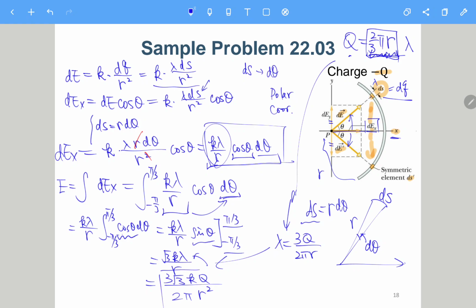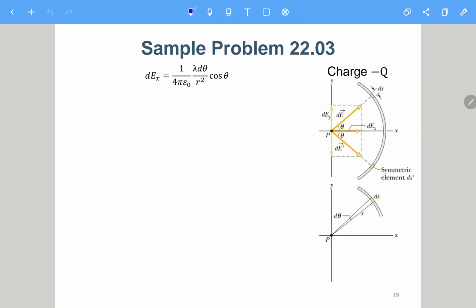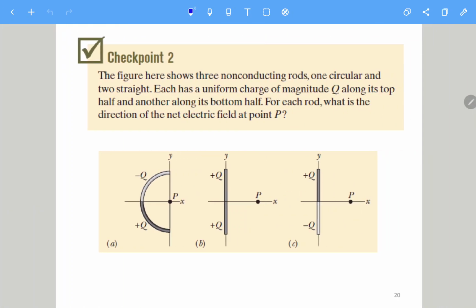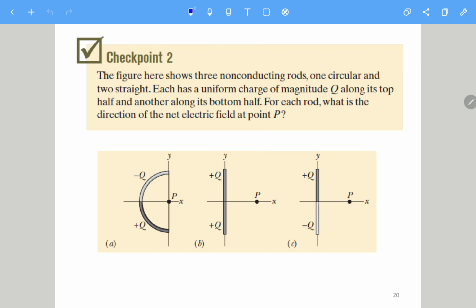Okay, so this is the closed form expression of this problem. So yeah, just finish this off in the previous page.